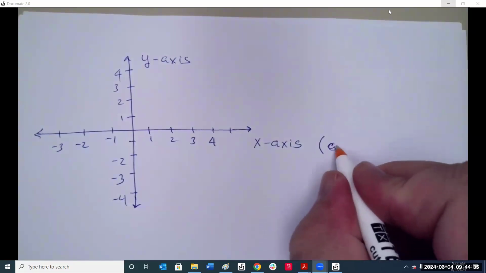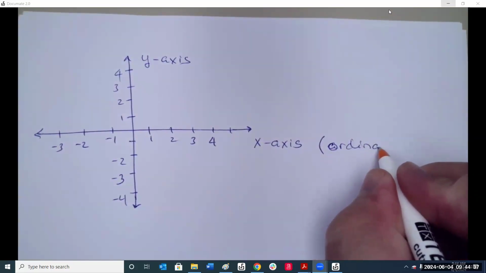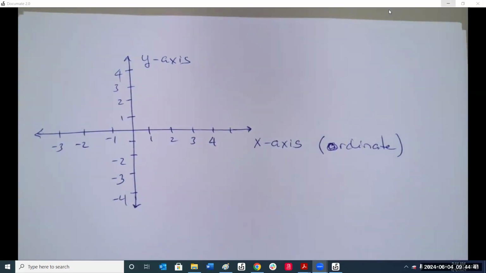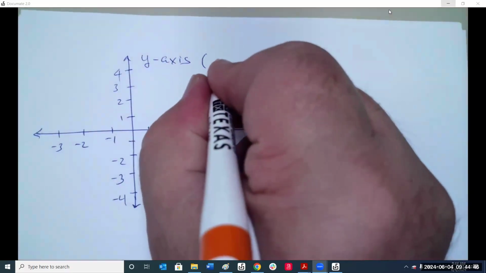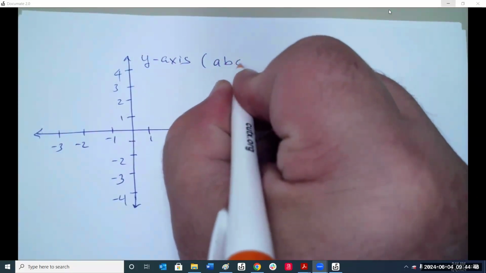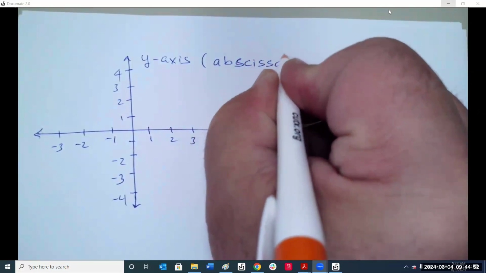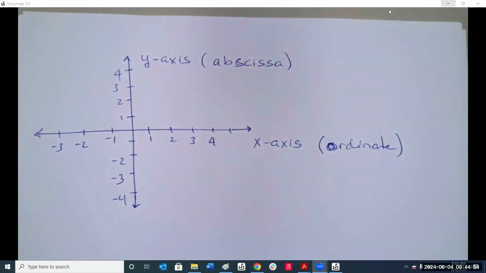He called the X-axis the ordinate. And the Y-axis, he called the abscissa.